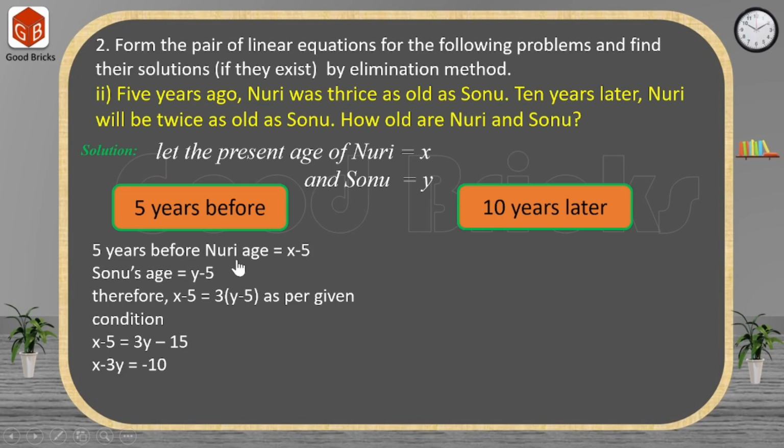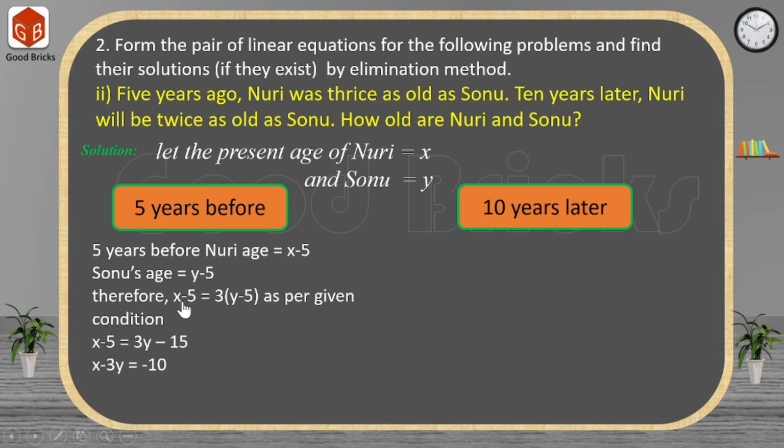That means whatever Nouri's age was 5 years before, that X minus 5 is equal to 3 times the age of Sonu 5 years before. So this is the required condition we have to write as per the given information.